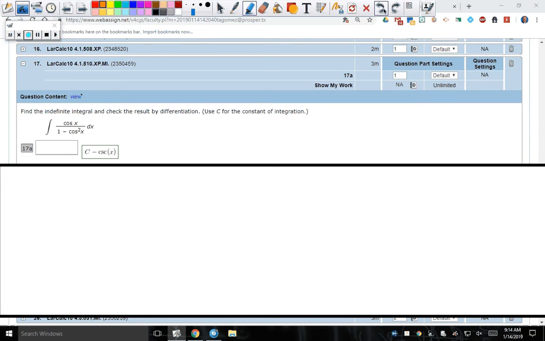Looking at this problem, what comes to mind as far as manipulation? 1 minus cos 2x. Or cosine squared, right? Yes, cosine squared. We have sine. So the most important one that I'll say for you to memorize is cosine squared plus sine squared equals what? 1.